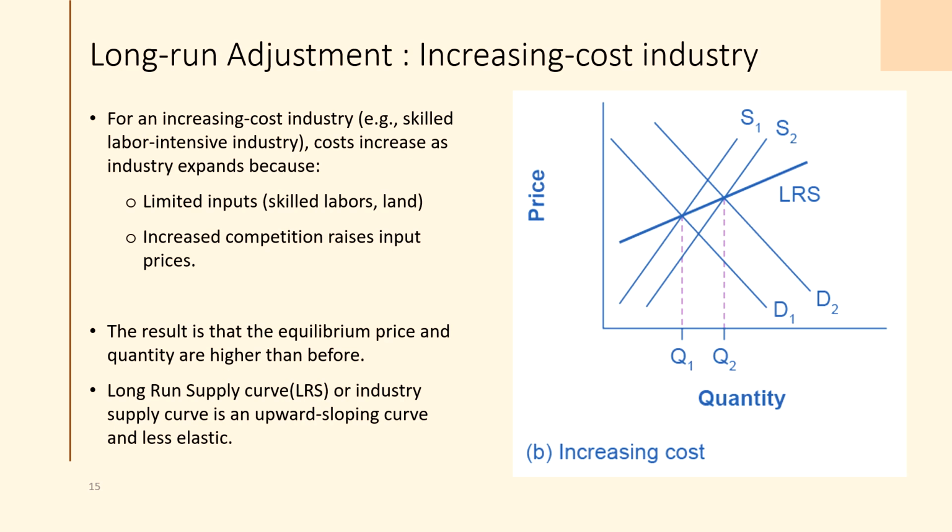As a result, the new long-run equilibrium has both a higher quantity and a higher price than before. This is why the long-run supply curve in the increasing cost industry is upward sloping. It reflects the fact that producing more output requires higher costs.